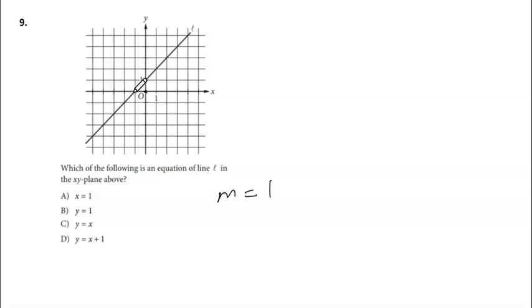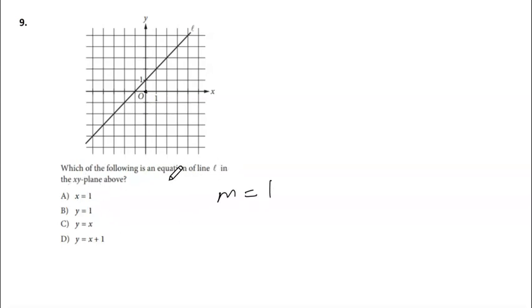Wherever you take it, if you take it from here, it's supposed to be the same. If I took it from here, it's going to be 1, 2, 3, 4, 5. That's the rise. And then 1, 2, 3, 4, 5. Remember, you have to land on the line.